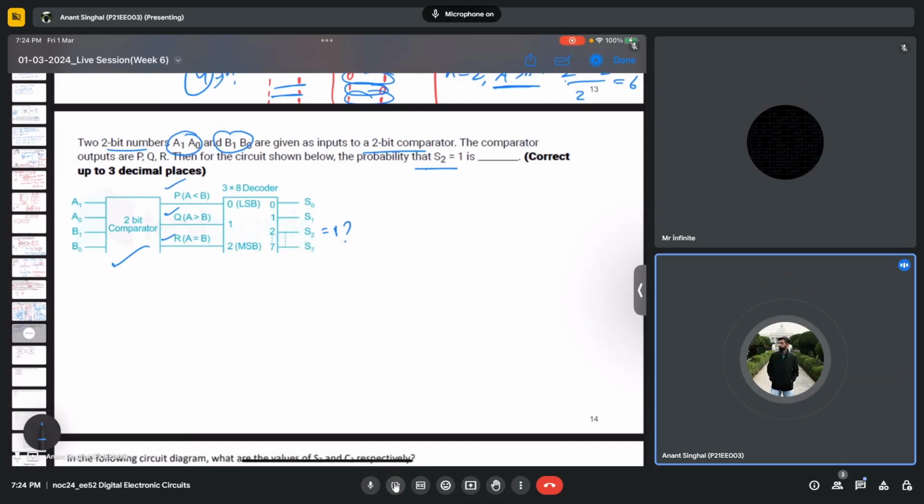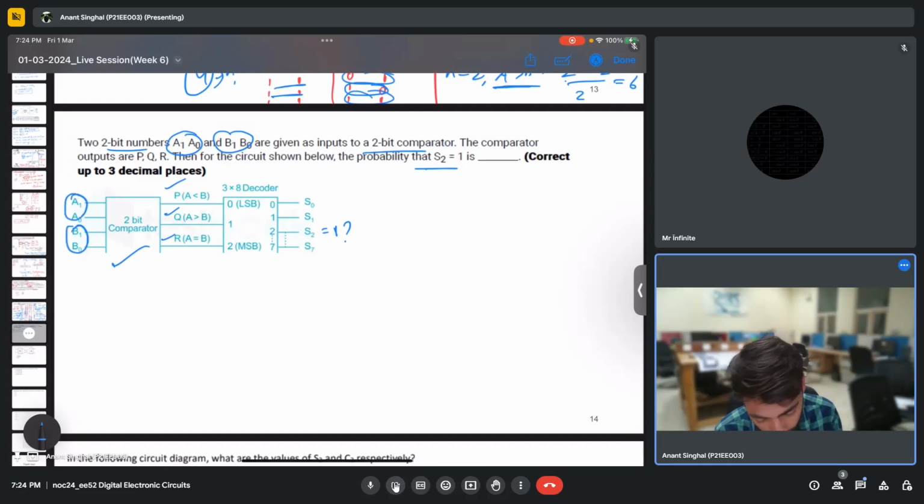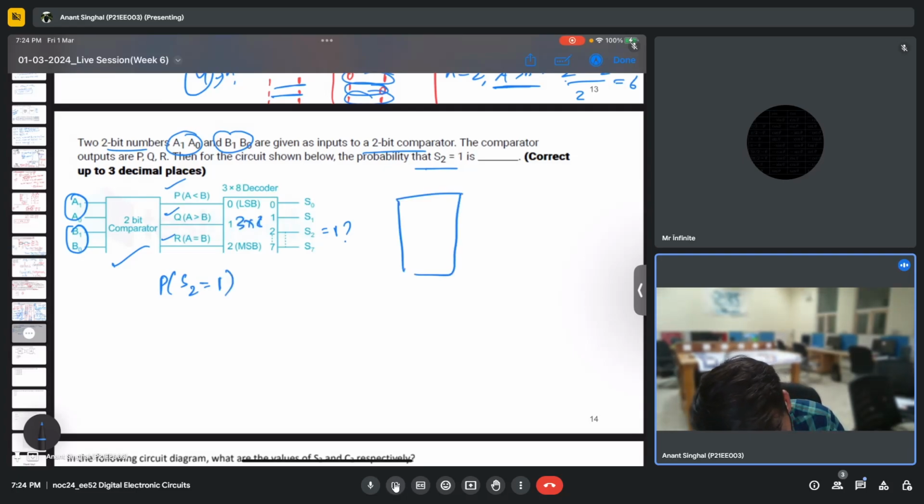So let me try to solve it out. We had a similar 2-bit comparator given again. Here the question is about the probability of S2 being 1. This is a 3 cross 8 decoder, and we already know that in 3 cross 8 we have P, Q, R as given in the question, and we have 8 outputs, S0, S1 to S7, so we can have 8 cases.